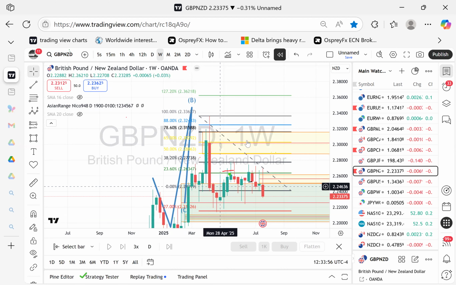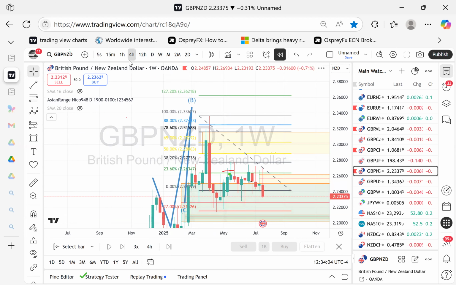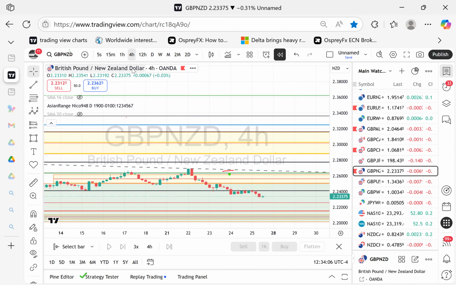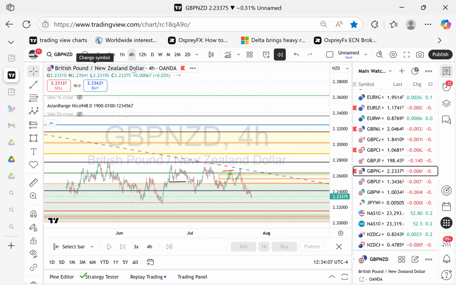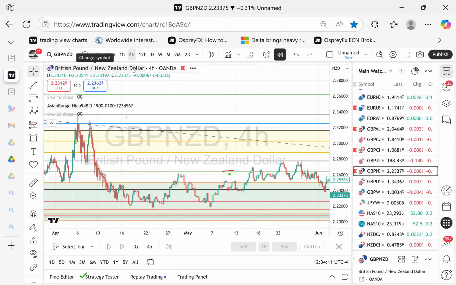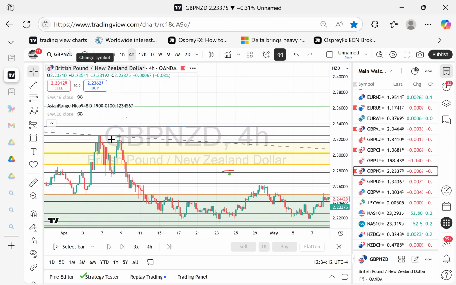Has price come back into the zone? Nope. So even if price came all the way back up here, I don't see an imbalance in that zone, which is awesome. It explains why price hasn't come back up in there. But even if price came way back up here to this level, because there's an imbalance.